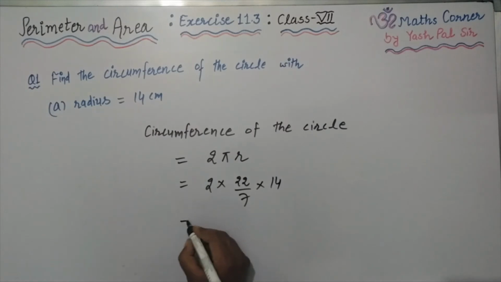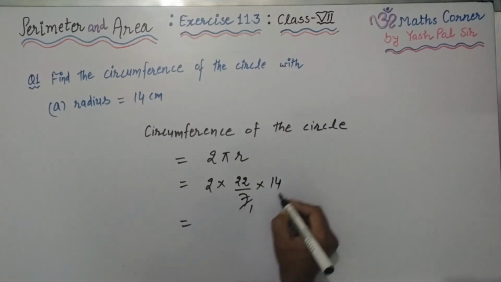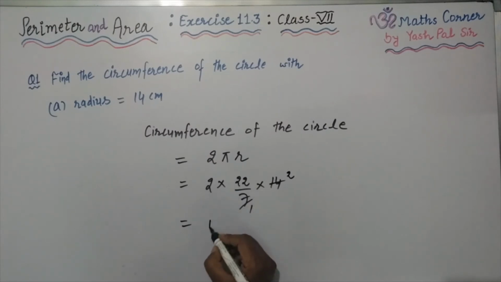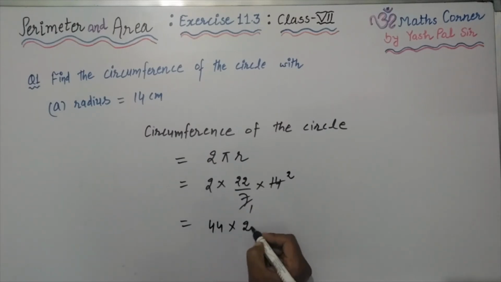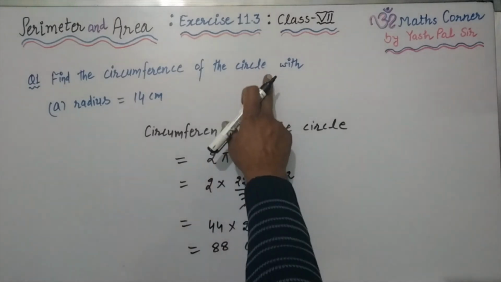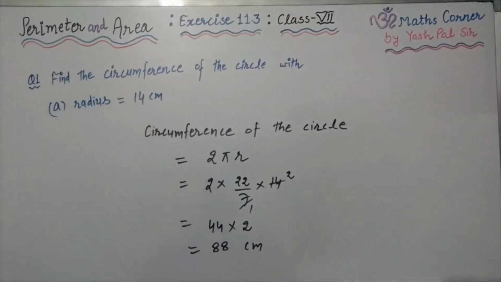So our answer is 7 ones are 7, 7 twos are 14, 2 into 22 is 44 into 2. Finally we have 88 centimeter is the final answer, the circumference of the circle with radius r equal to 14 centimeter.